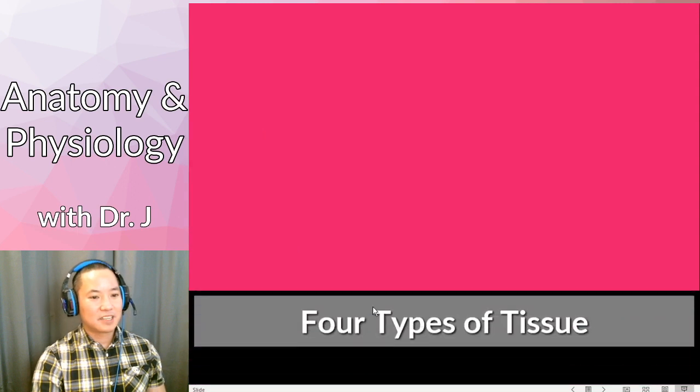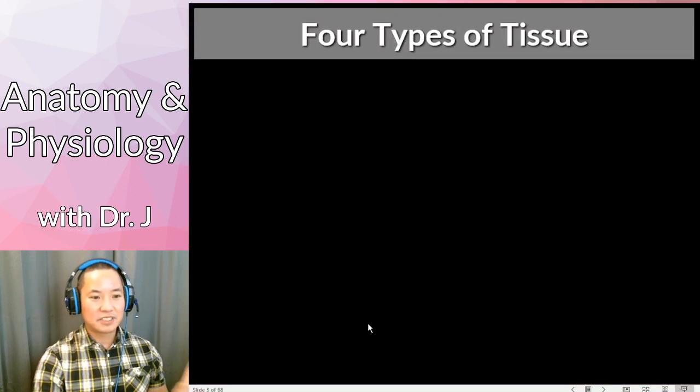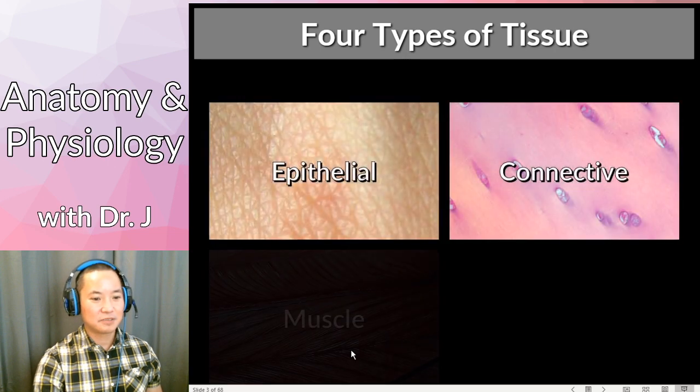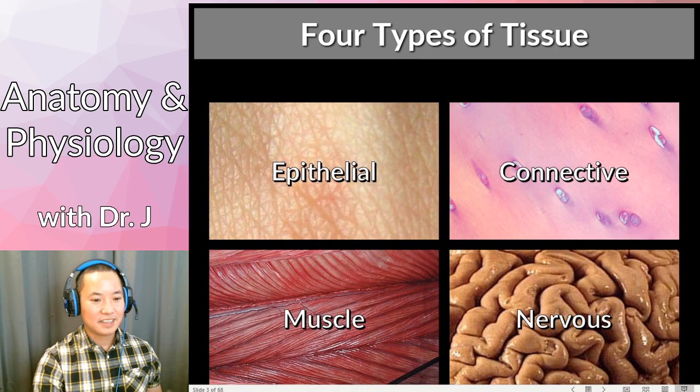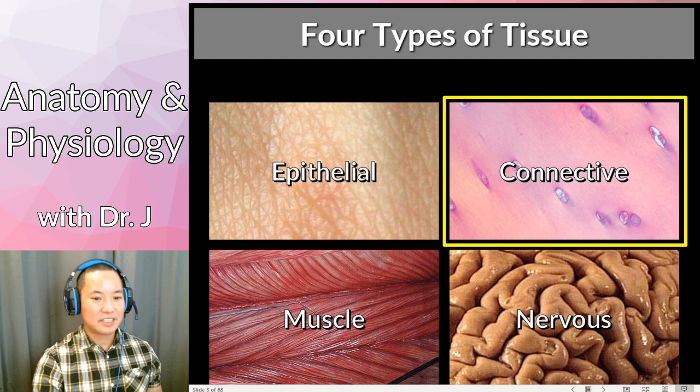All right, so now we're kind of warmed up. Let's go. We finished epithelial tissue on Monday, but now we're going on to connective tissue. For muscle and nervous tissue, I'm not going to have a lecture for exam 1.